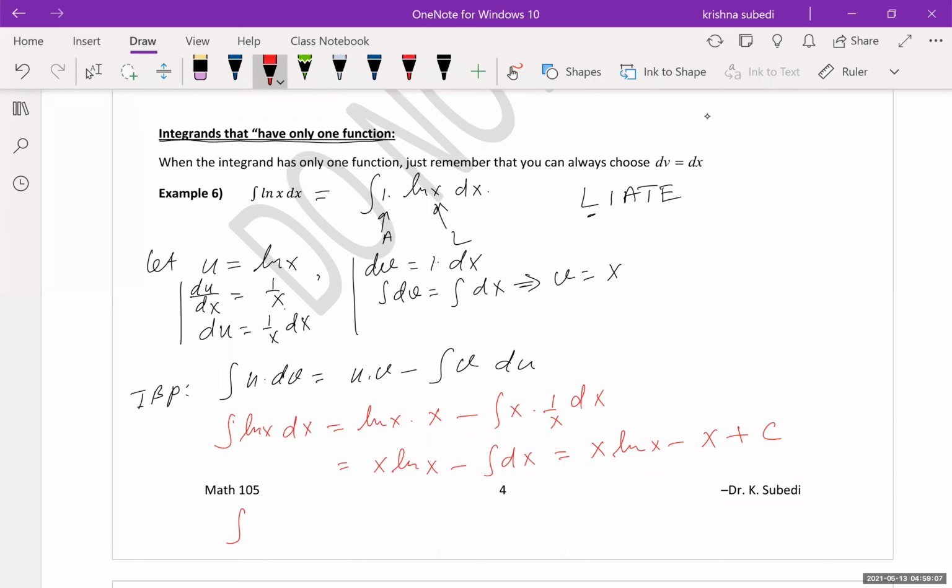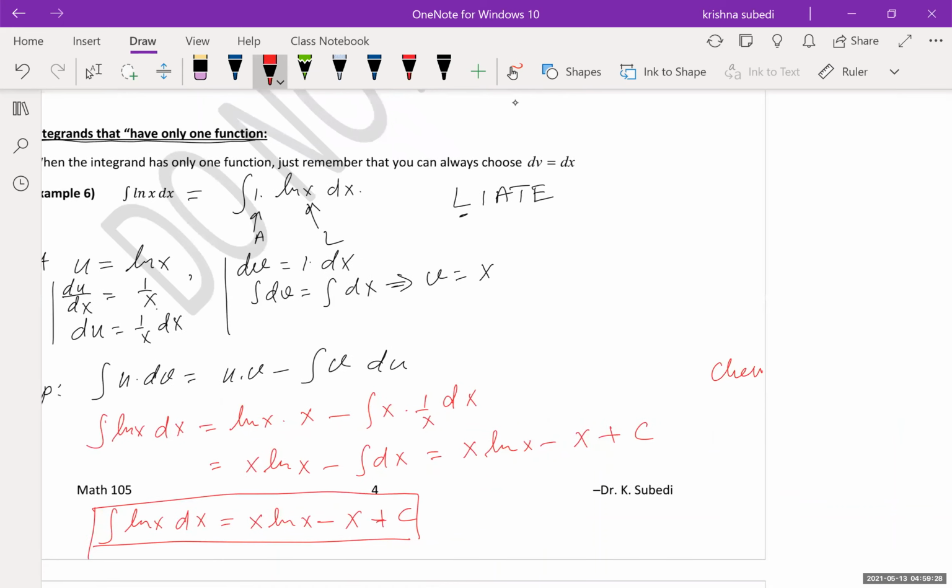From now onwards, we will use this as a formula. So the integral of ln x dx equals x ln x minus x plus c. Now let's check whether this answer is right or wrong. You can check it by yourself. So checking. If I take the derivative of x ln x minus x plus c, what do I get?